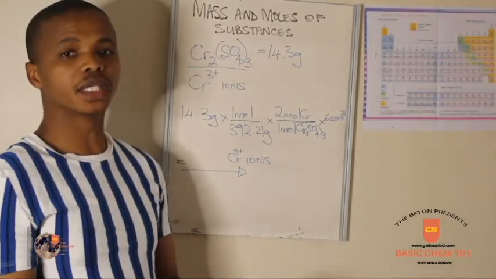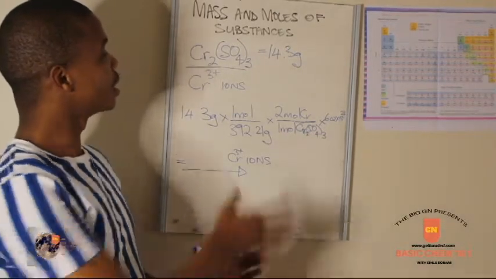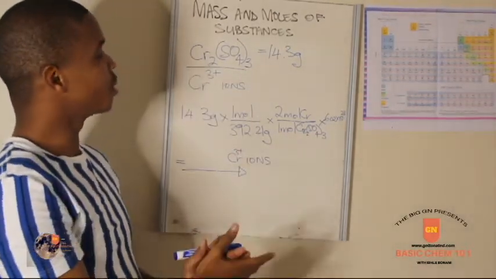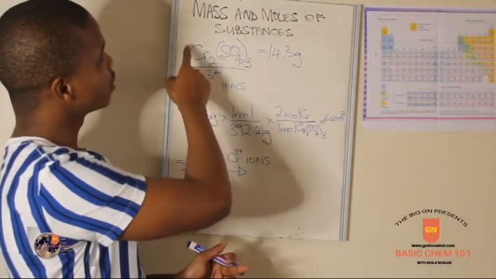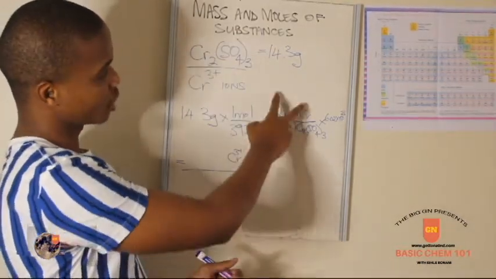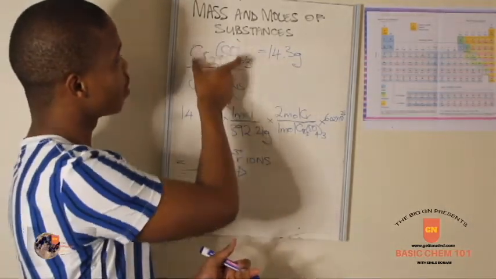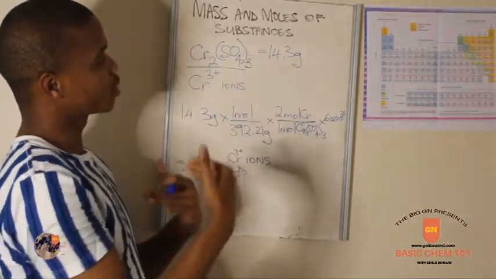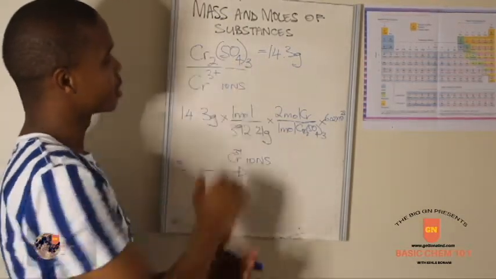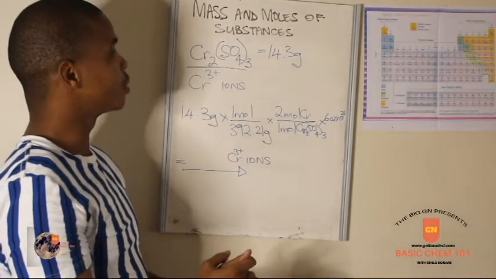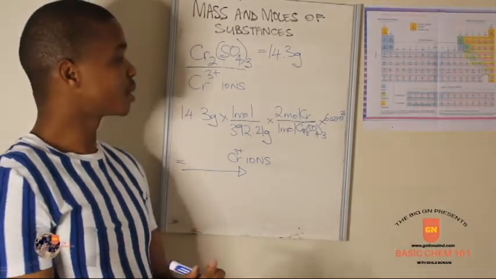So that is how you would calculate your number of chromium ions. If they were looking for the number of formula units, you would not need this step, because then we are talking about one compound. But now we have to break it down, because we are talking about an ion which is in that compound. As you practice, I believe that you will get what I am trying to say.